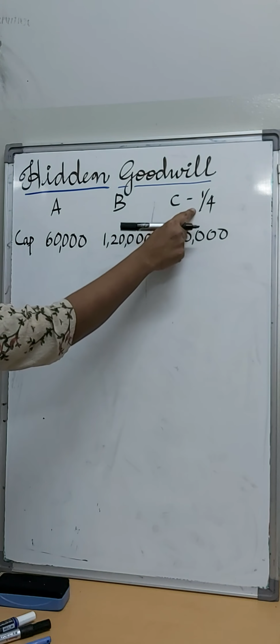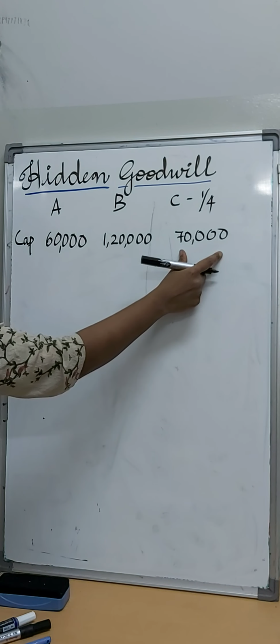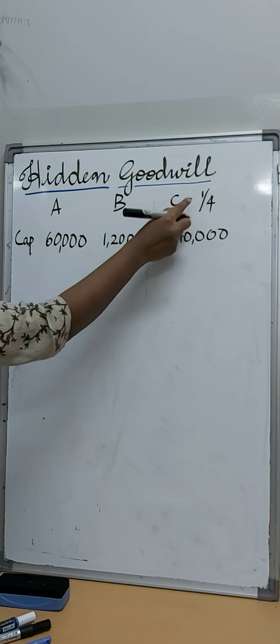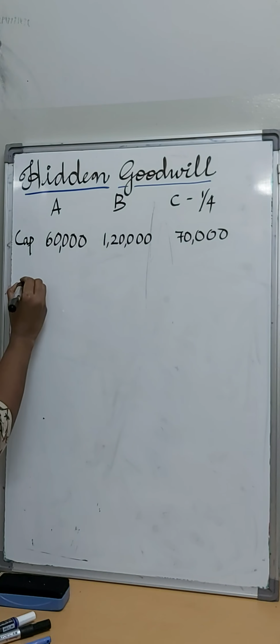For 1/4th share of profit, C is bringing 70,000 rupees as capital. So the first step is to find the total capital of the firm based on C's share of profit.